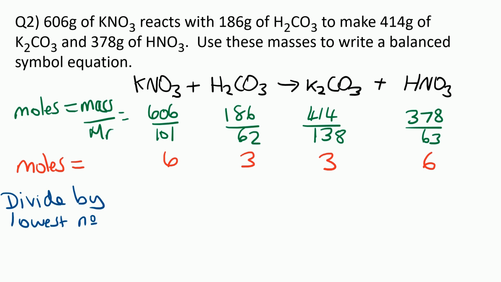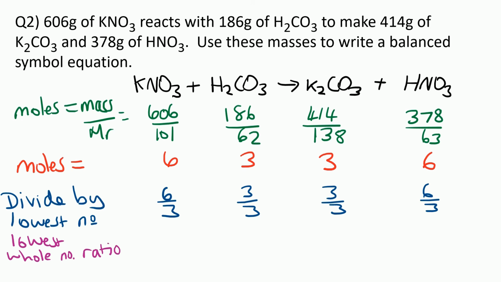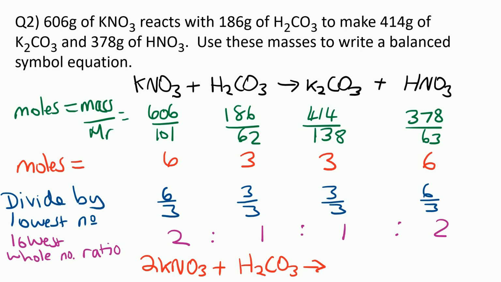So 6 over 3, 3 over 3, etc. And that gives us a ratio of 2 to 1 to 1 to 2. So we put those in as balancing numbers and we get 2 KNO3 plus 1 lot of H2CO3, so that doesn't get a number next to it, and 1 K2CO3 and 2 HNO3.